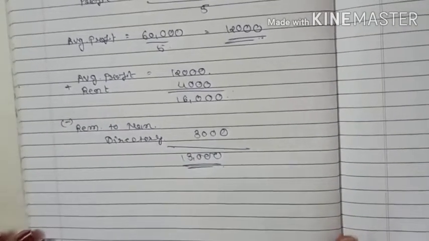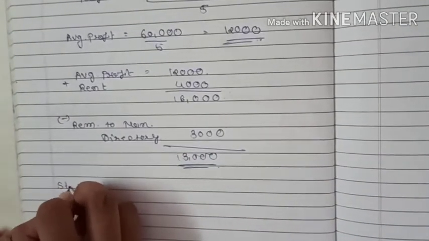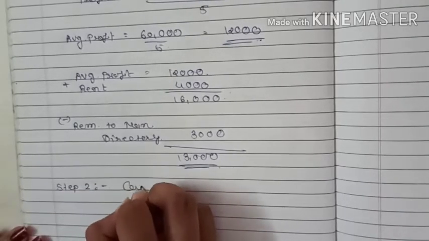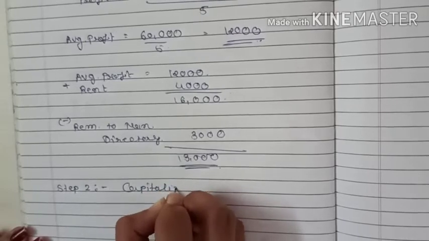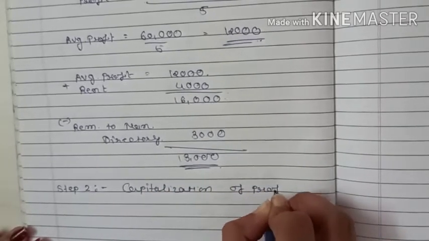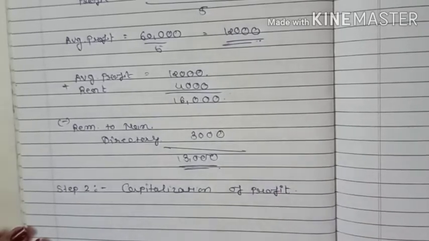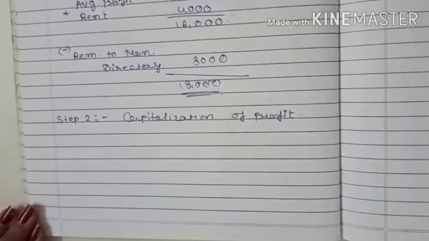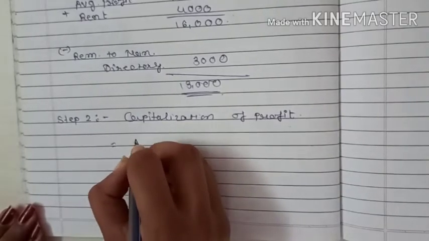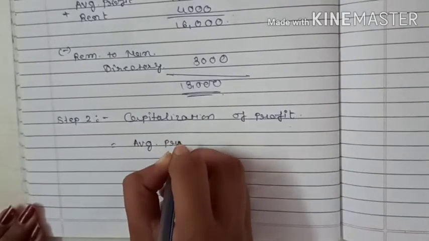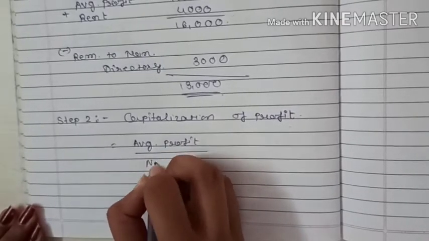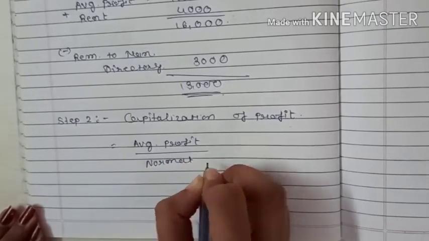Now step number 2, capitalization of profit. The formula for capitalization of profit is equal to average profit divided by normal rate into 100.